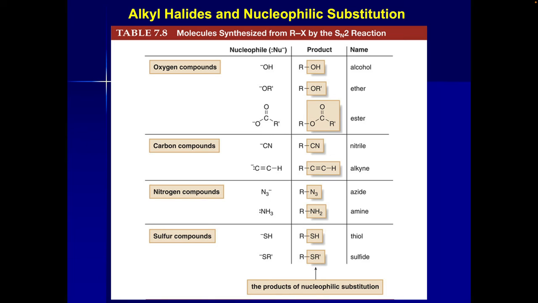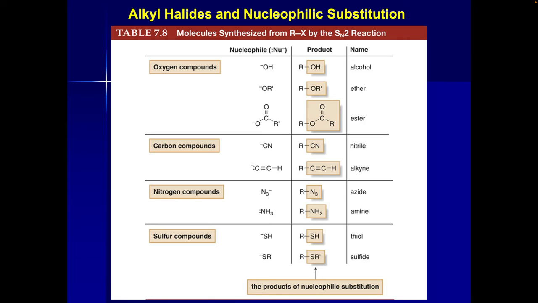If we take a terminal alkyne and generate the anion, we can make new carbon-carbon bonds here and make a new alkyne. We can use azide and make azides. We can use ammonia and make amines. We can use thiolate and make thiols, and so on and so forth. What you need to know about all of these is that they're pretty good nucleophiles.